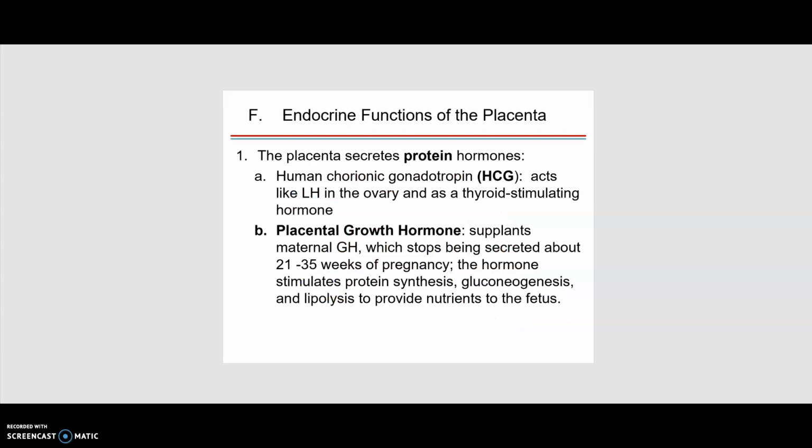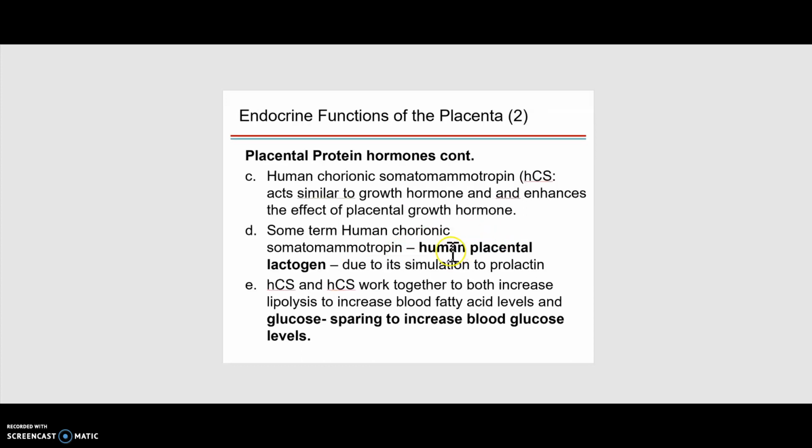Okay. The placenta secretes protein hormones. Human chorionic gonadotrophin acts to stimulate the LH and ovaries, thyroid stimulating hormone. Placental growth hormone. This is a growth hormone.